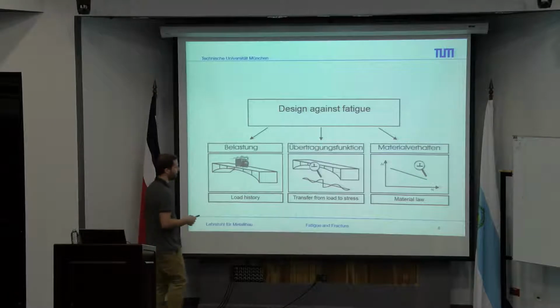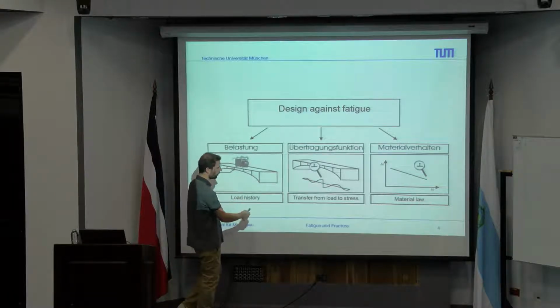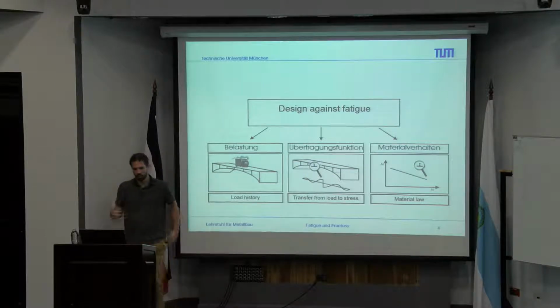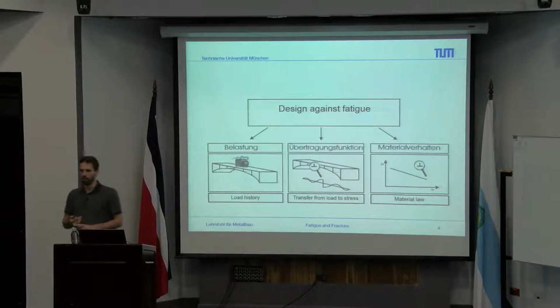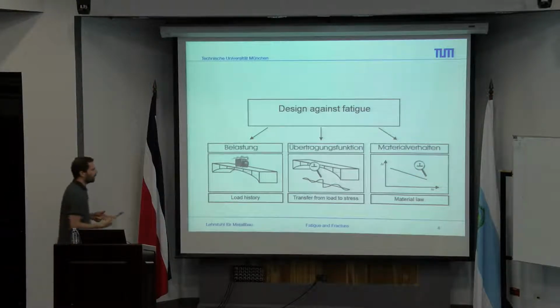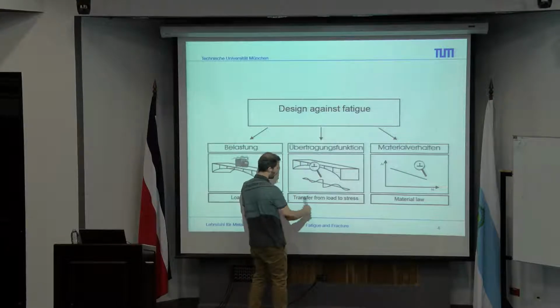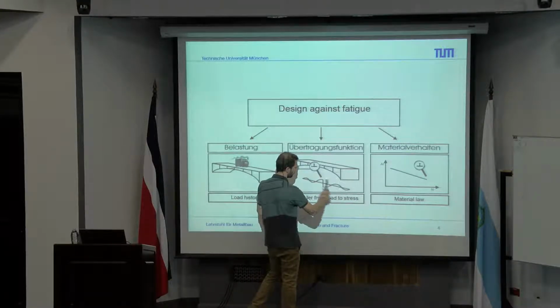Therefore we have to get the transfer from our load history, which is related to the amount of trucks and cars we have there. We have to transfer it from load to stress by some function.